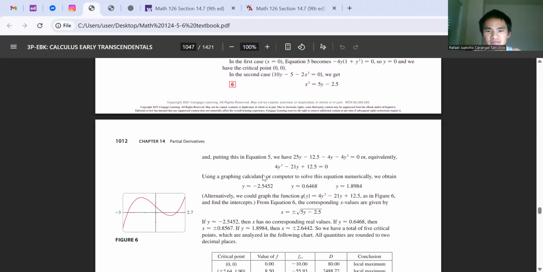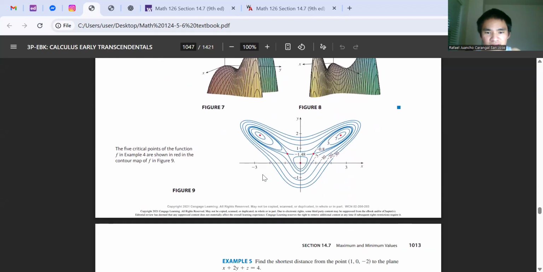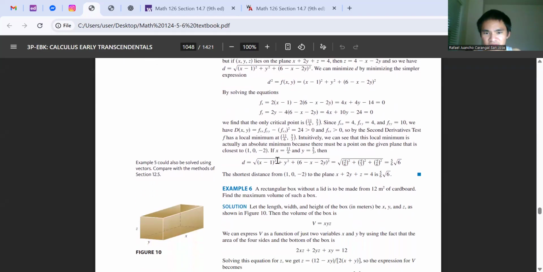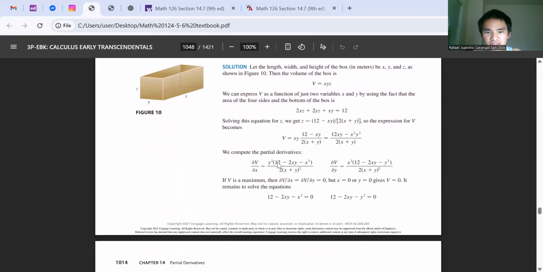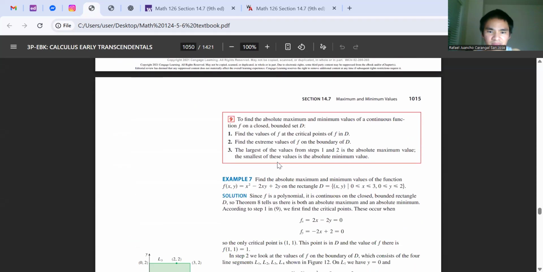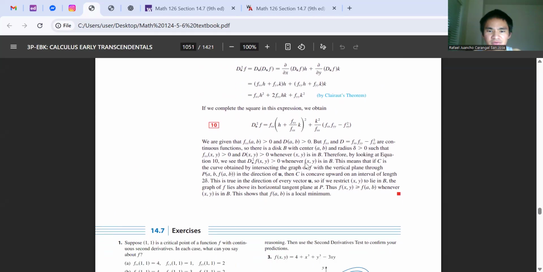Using a graphing calculator or computer, solve this equation numerically. We could do that. Find shortest distance, so that's another thing we have to look at. Rectangular box, absolute max and min. We're going to go through that as well. Absolute max and min proof. I'm not going to go through that.